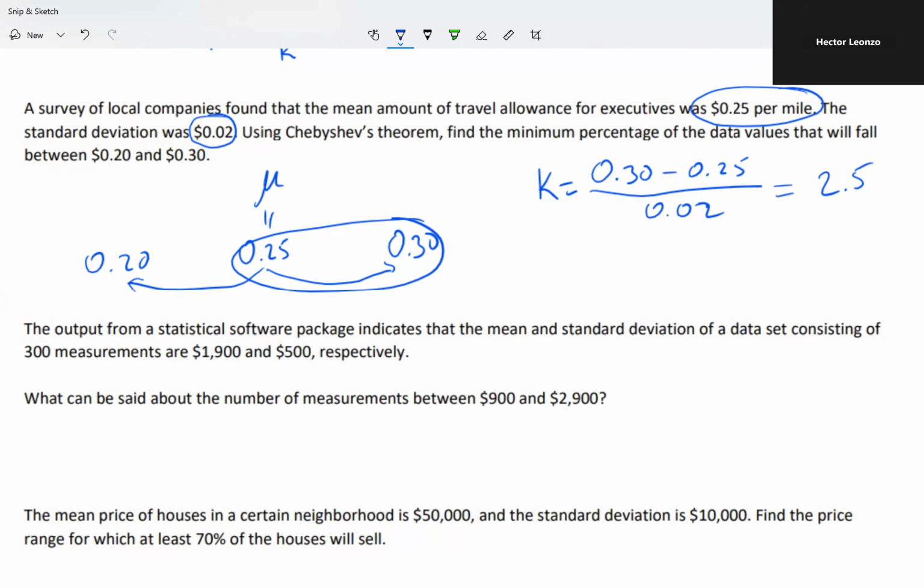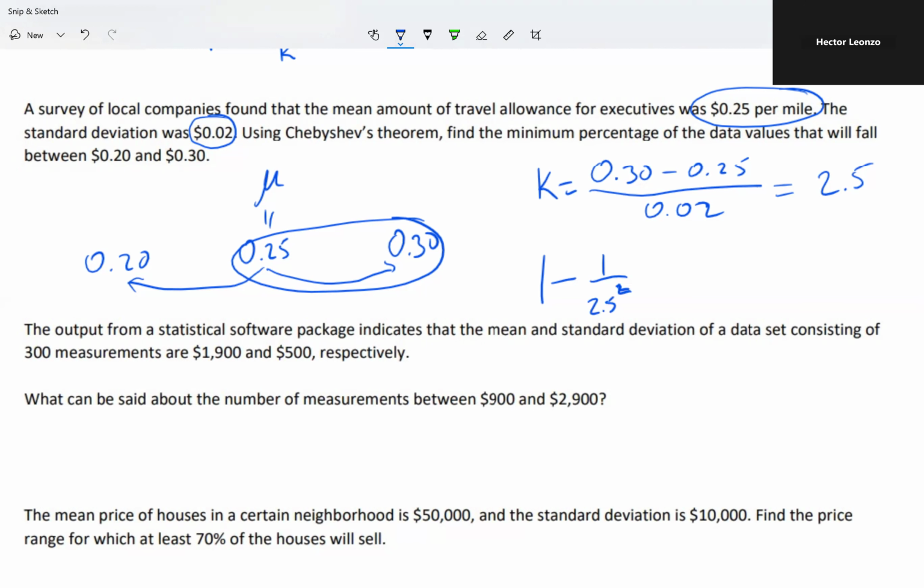Okay, now here the question was not find k, the question was find the minimum percentage. So I'm going to use the formula that I gave you earlier. 1 minus 1 over k squared. That means I'm going to go 1 minus, here I'm going to have 2.5 squared.